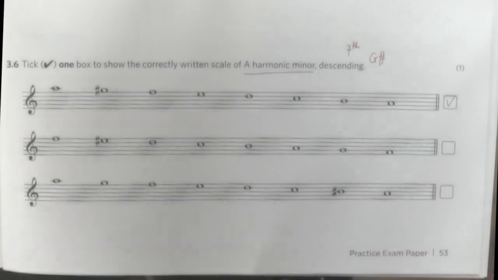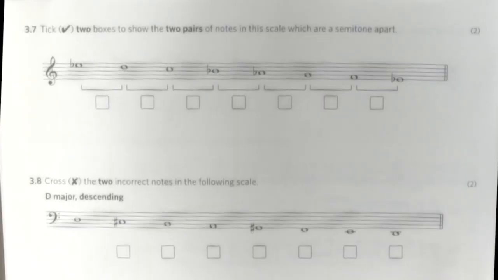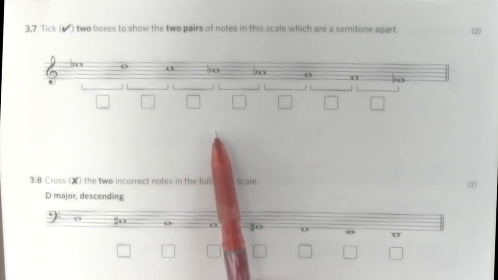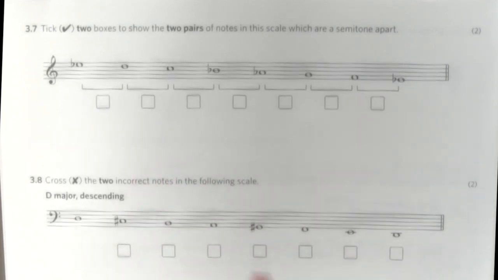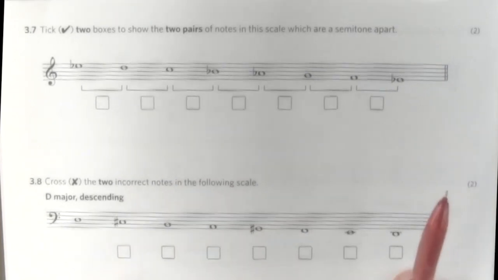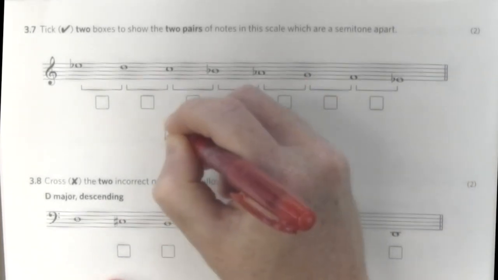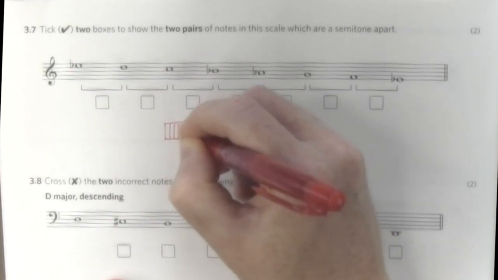Let's turn the page. In this question, we need to tick 2 boxes to show where the semitones are. All right. So let's do this. Why not? That would make things very easy.